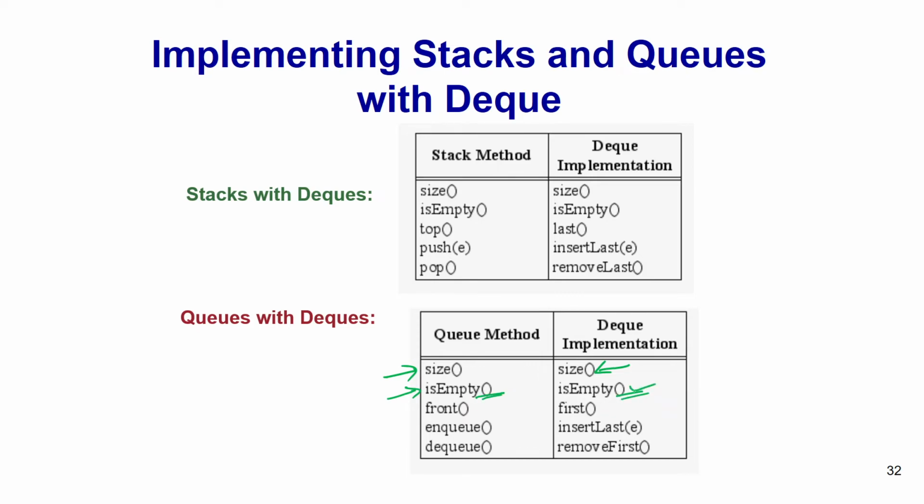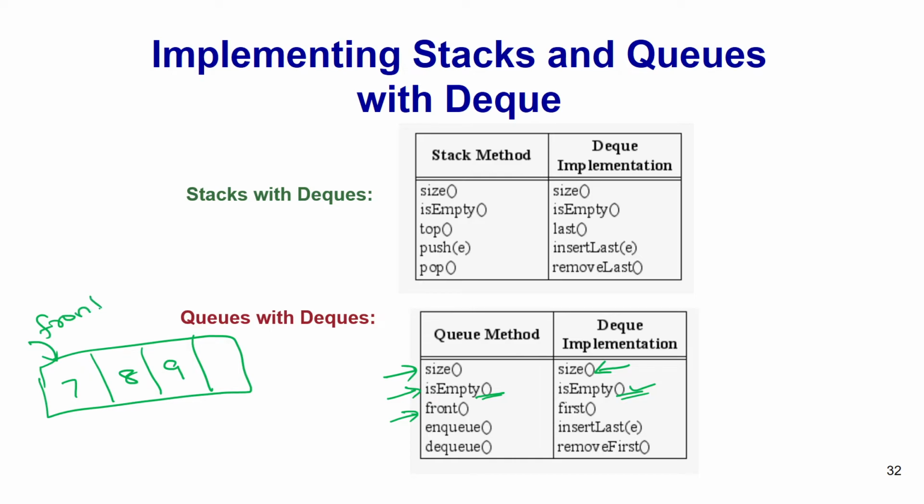Here this also returns whether the double-ended queue is empty or not, and front returns the first element in the queue. The front variable denotes the first element in the queue, and the rear variable the last element. So if you want to access the first element, we can use the front variable.